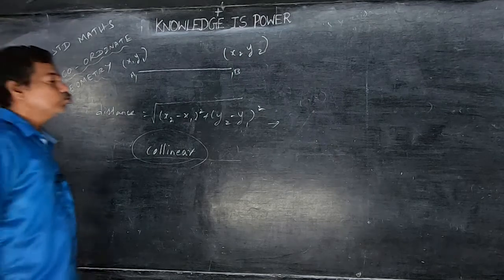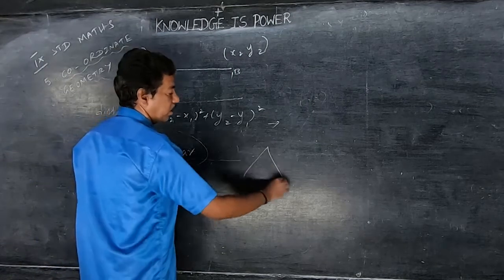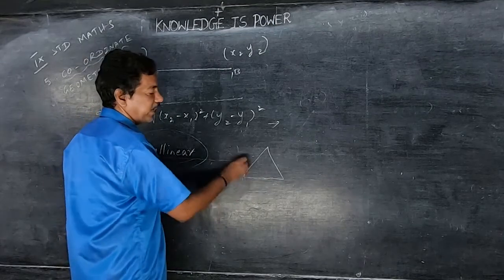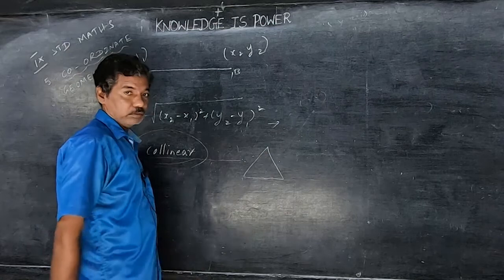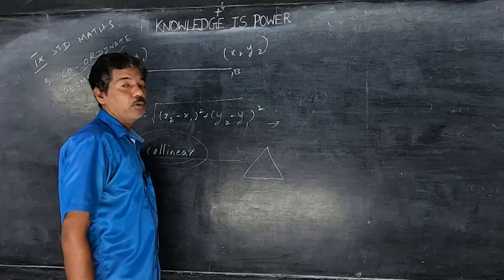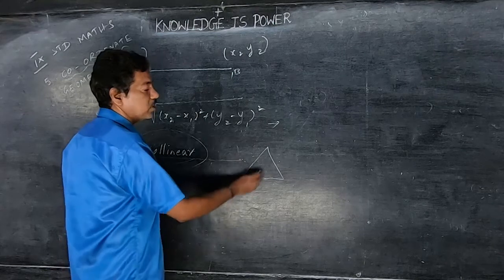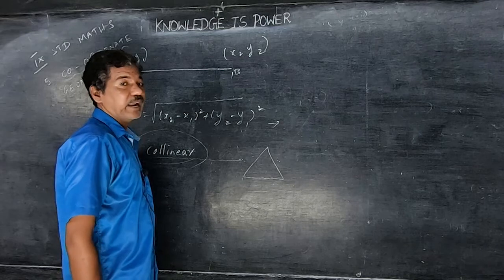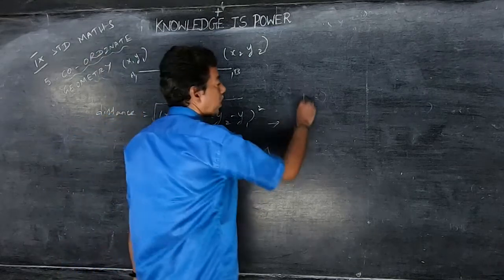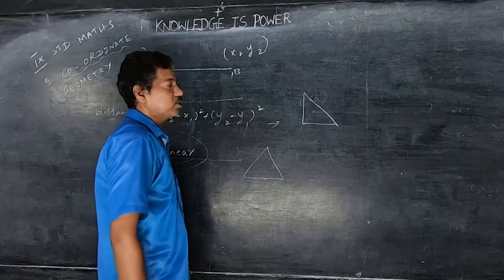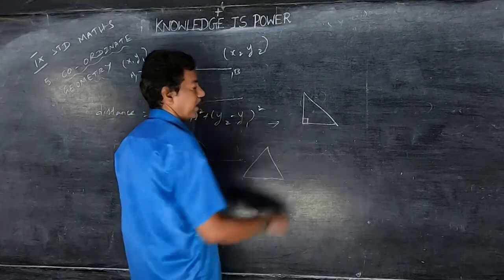Now there is a triangle, and they will ask whether the triangle is collinear or not. If adding 2 sides gives the 3rd side, that is called collinear. When you add the two things you get the 3rd side. Like a right angle triangle, sum of the two sides equal to the 3rd side.